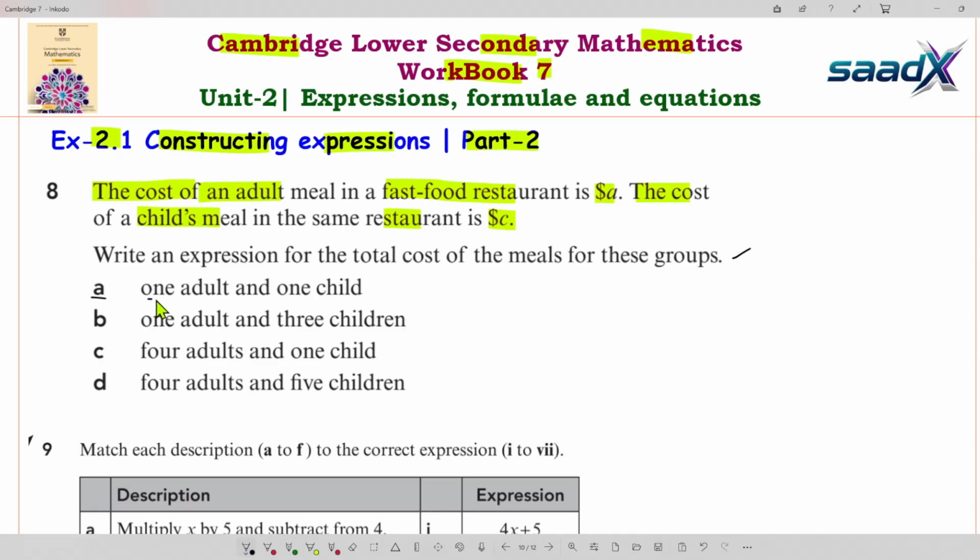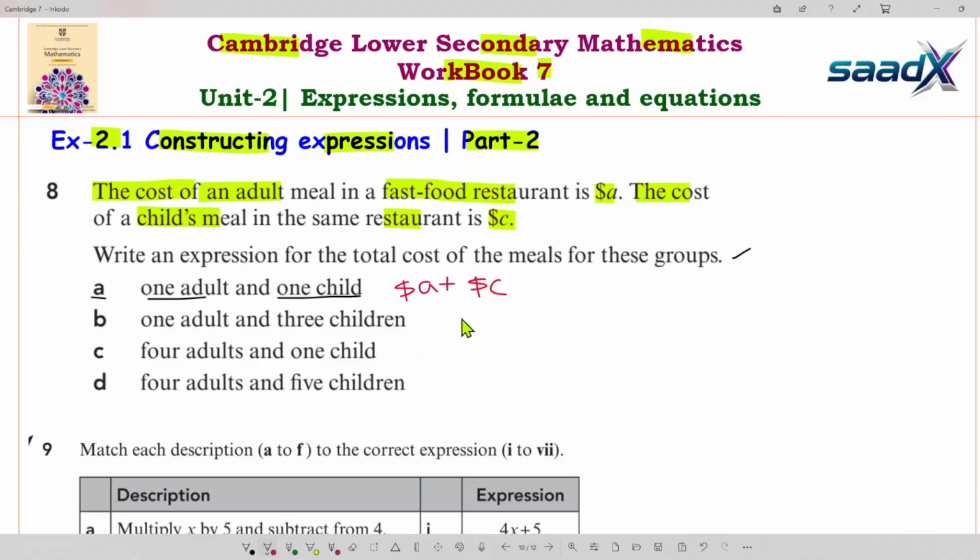Part a: one adult and one child. We know the adult cost is $A and the child $C, so the expression will be $A plus $C.